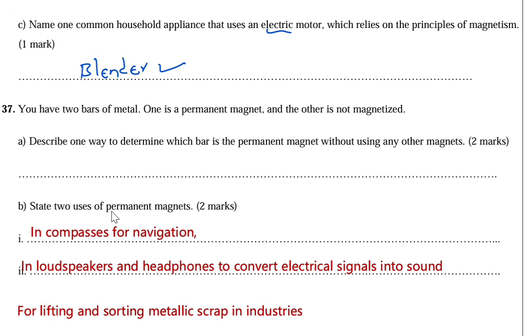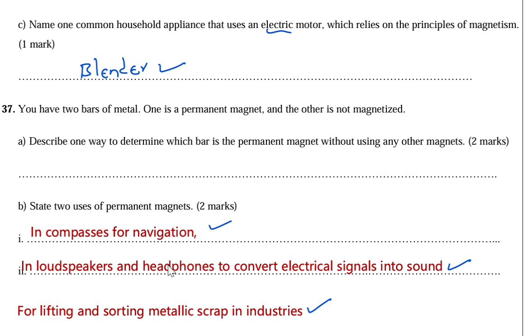Permanent magnets are used in compasses for navigation, and also in loudspeakers and headphones to convert electrical signals into sound. They can also be used for lifting and sorting metallic scrap in industry.